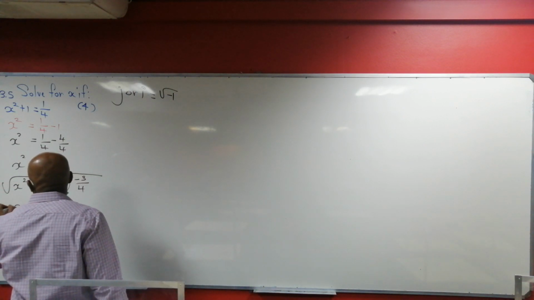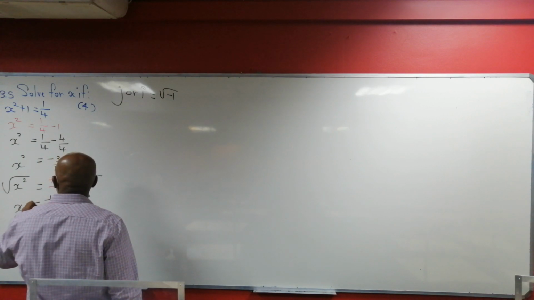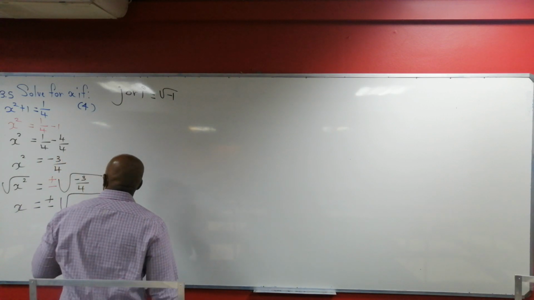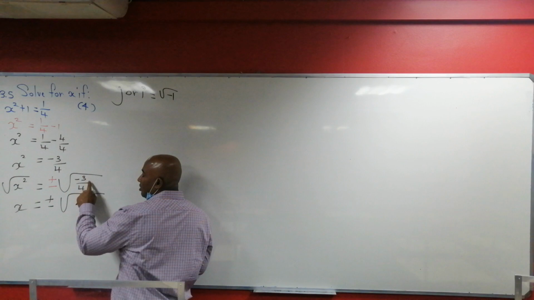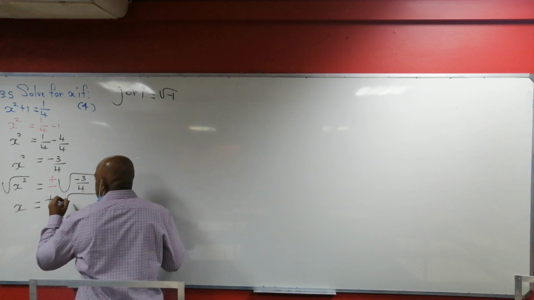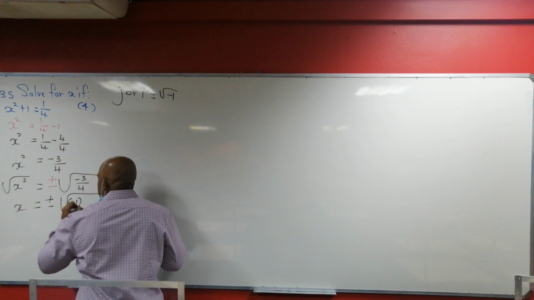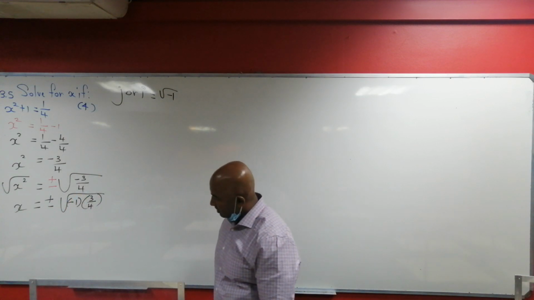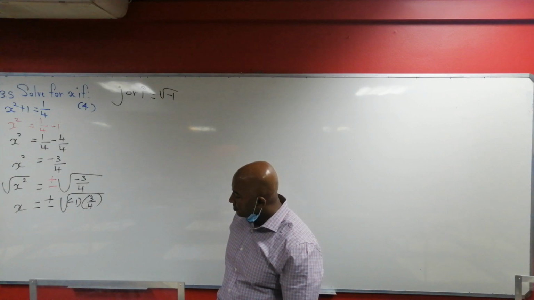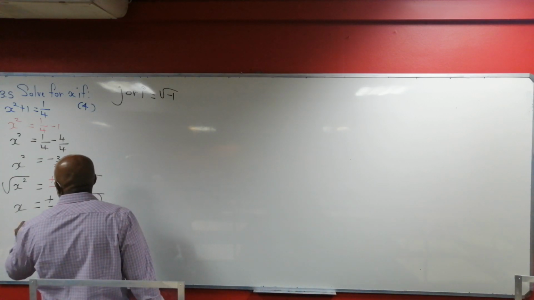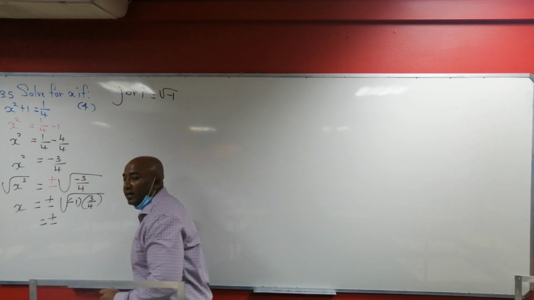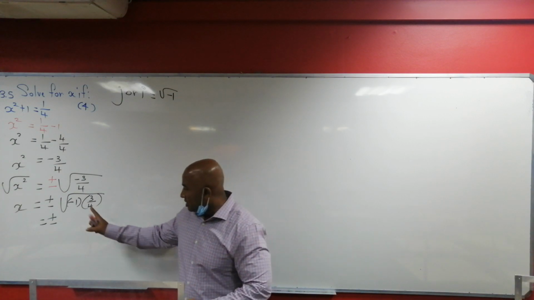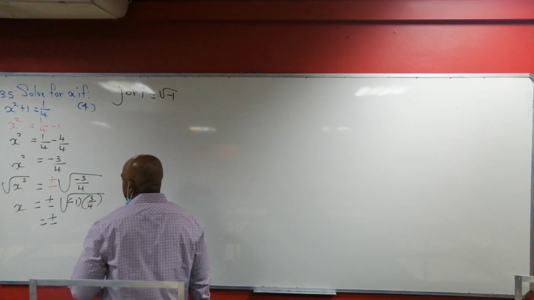So I'm going to write, so that's x is equal to plus or minus the square root of minus 3 over 4. It means minus 1 multiplied by 3 over 4. Multiplication. Alright, so now I can split this up into two factors because minus 1 is being multiplied by 3 over 4.